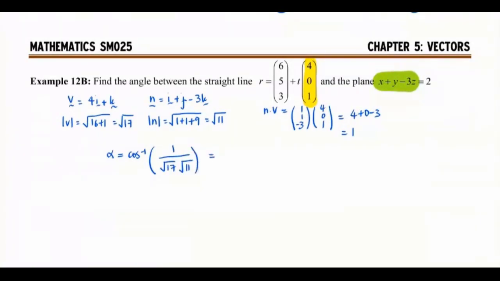Kita dapat berapa alpha kamu? 85.81. Okay, so this one should be 85.81 from 90, so you will get 4.19 degree.